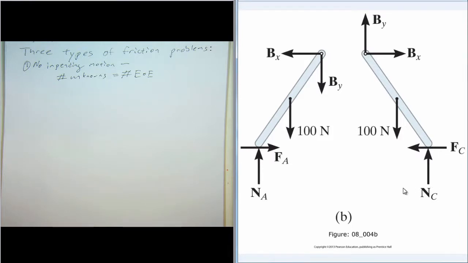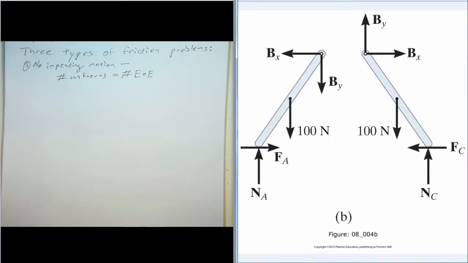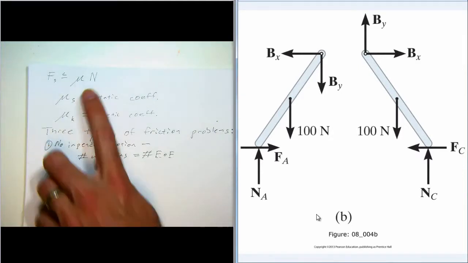And then we can go back and check to make sure that FA and FC are less than or equal to NA times mu A and NC times mu C. And so that's where there's no impending motion. We just want to find out what the friction forces are and what the normal forces are, and then make sure, once we're done, that the friction forces are less than mu times N.